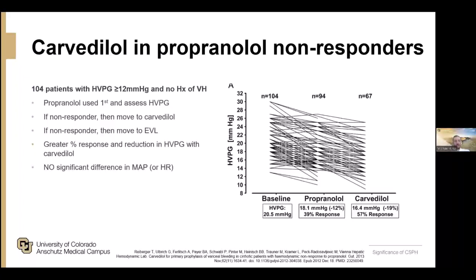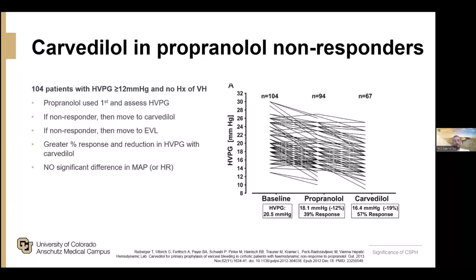And you can see in aggregate, there was a greater percentage of patients that responded to carvedilol, 57% versus 39%. And there was also a greater percent reduction in HVPG with carvedilol, and that was 19% versus 12% with propranolol. And keep in mind, that carvedilol cohort are the patients who failed propranolol.